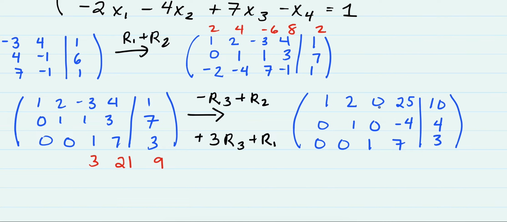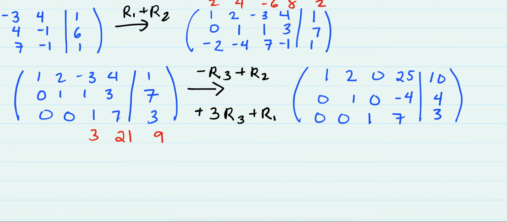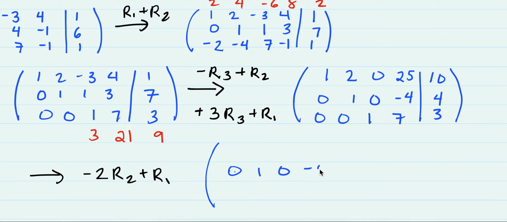Now, after we've zeroed out everything above this pivot, we go to the next pivot and we get rid of anything above that one. All right. So what I'm going to do is take row 2 and multiply it by a -2 and add it to row 1. I want to skip steps here. So 0, 1, 0, -4, 4, 0, 0, 1, 7, 3.